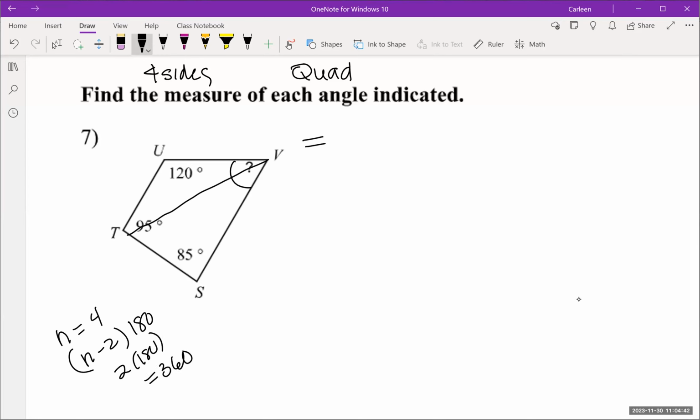So hopefully you remember that formula. n equals 4: 1, 2, 3, 4. So n is the number of sides.